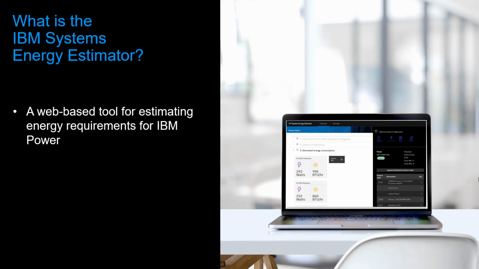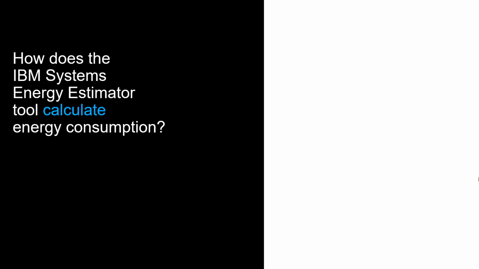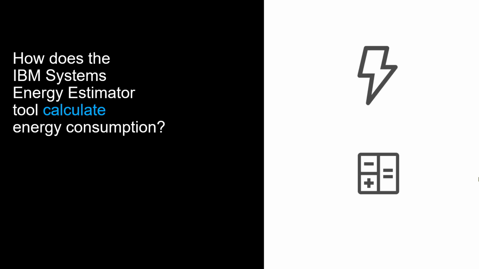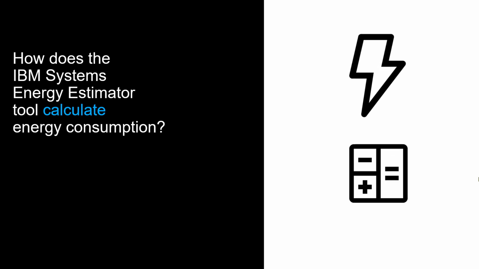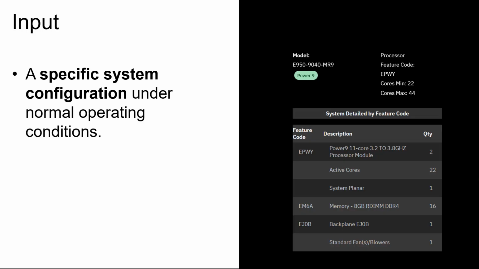Let's look at the process involved in calculating and retrieving the energy consumption data for IBM Power by using the energy estimator tool. For energy calculation, the tool first requires input, which is a specific system configuration that's defined by the user.